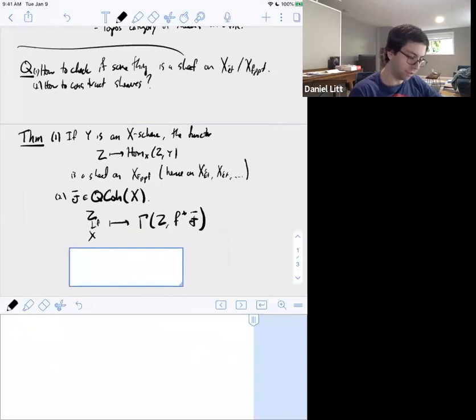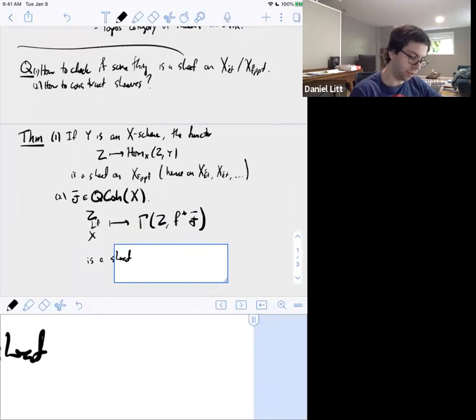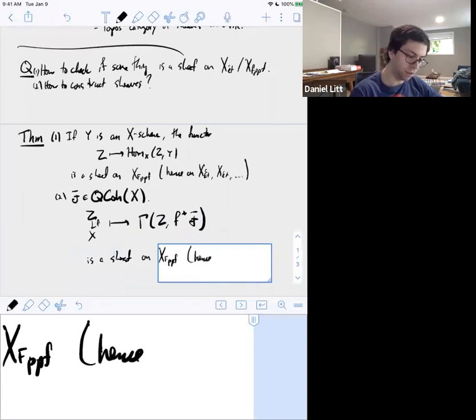This is a sheaf, again on the fppf site, and hence on the Etale site, the big Etale site, and the small Etale site.